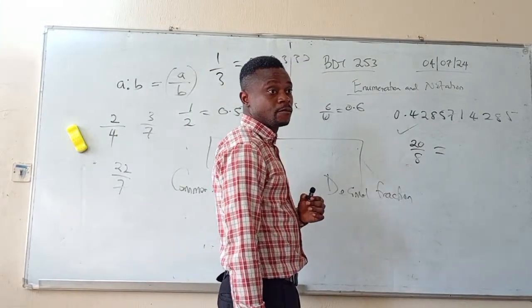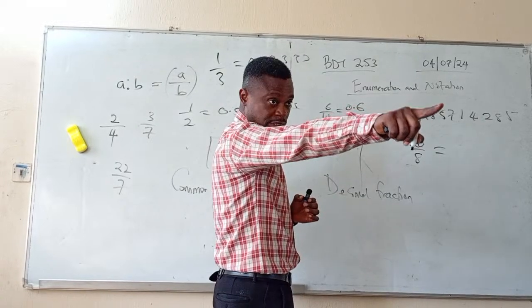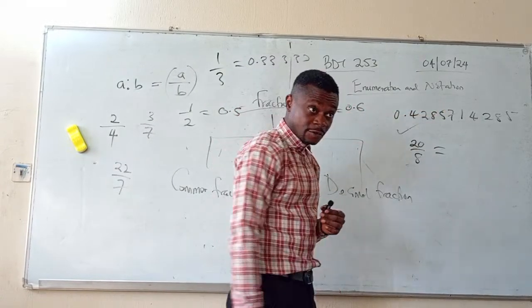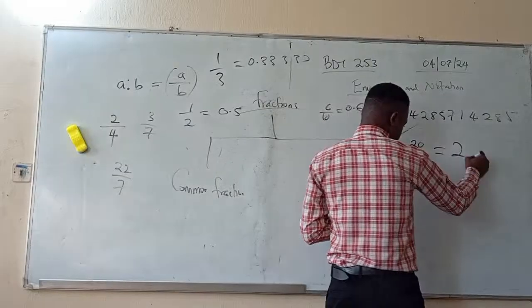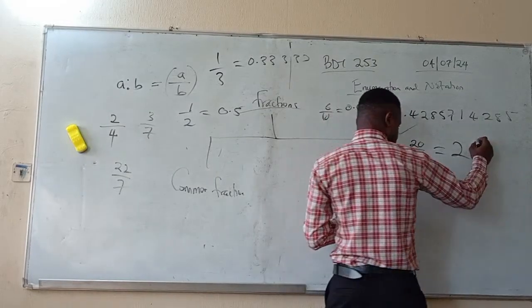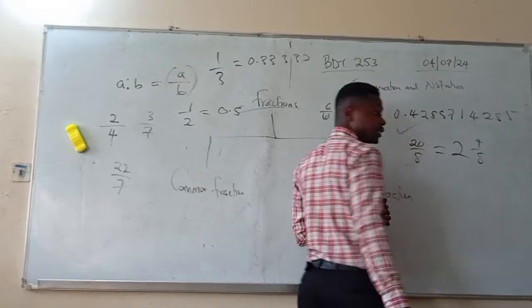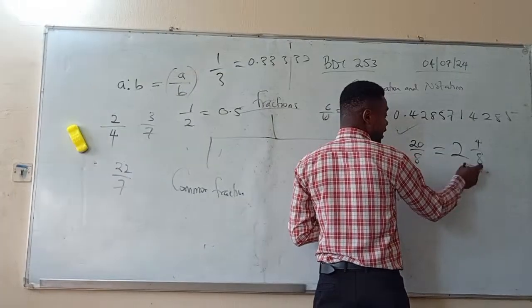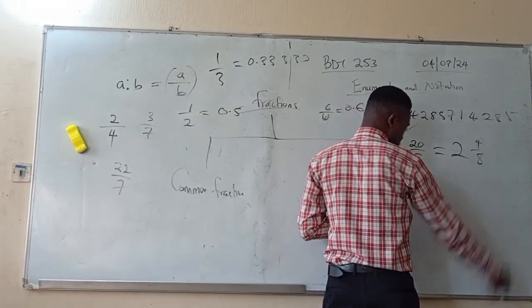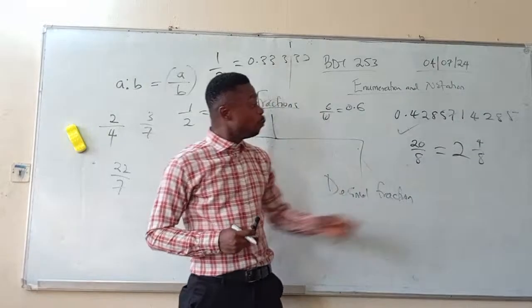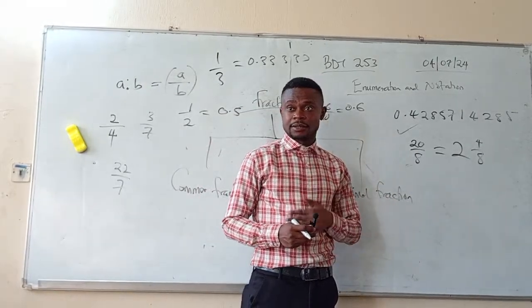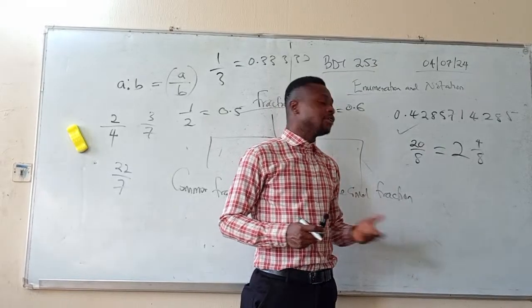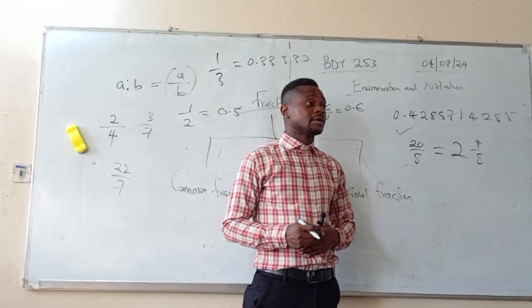Say it again. 2 whole number 4/8? Is it correct? 2 times 8 is 16, plus 4 is 20. Correct. Is it clear? Please move it to mixed fraction for me.